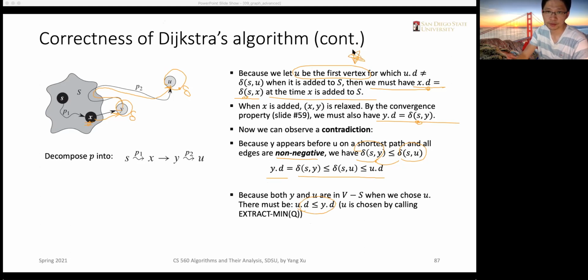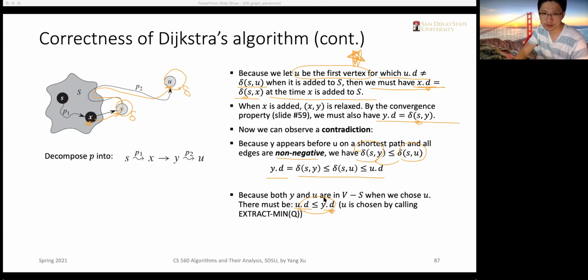U is picked before Y, because it is the first one that violates this property. And everything outside S is managed in the minimum priority queue. So by the property of a minimum priority queue, the d value of U must be smaller than the d value of Y.